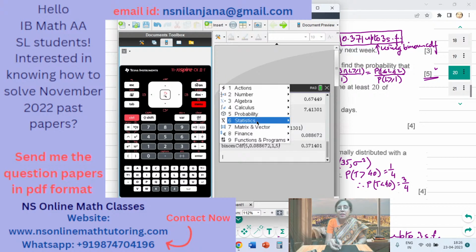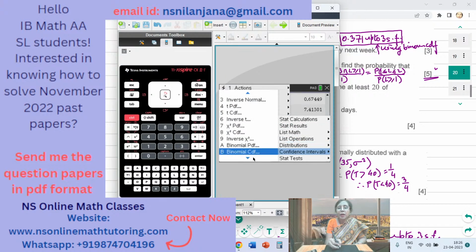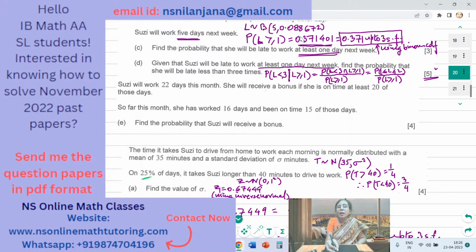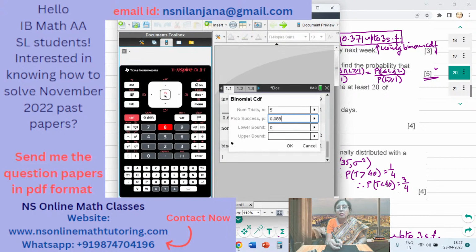Again, I go to statistics, distribution, binomial CDF, number of trials is 5, probability of success is 0.088672, and lower bound is 1, upper bound is 2.